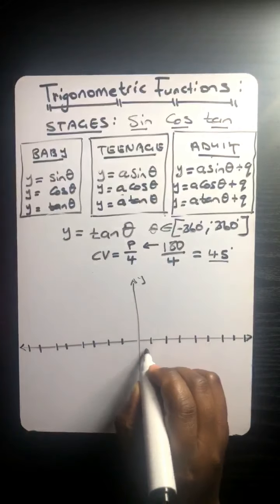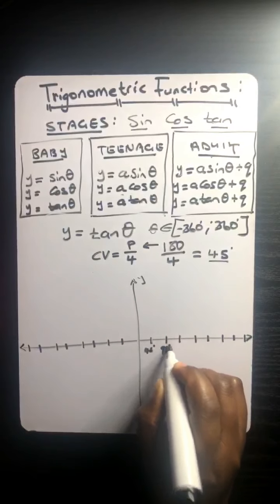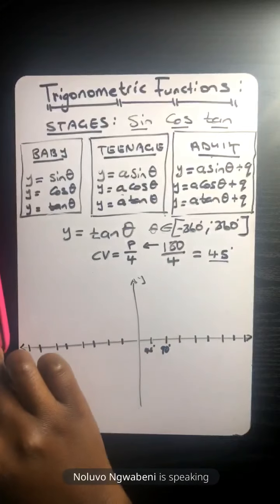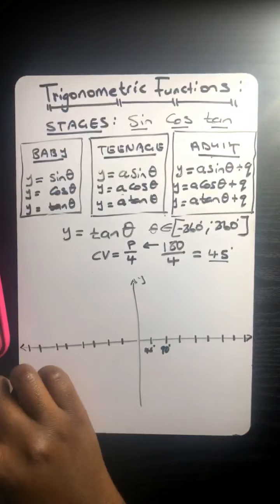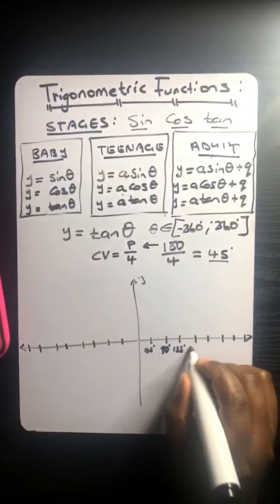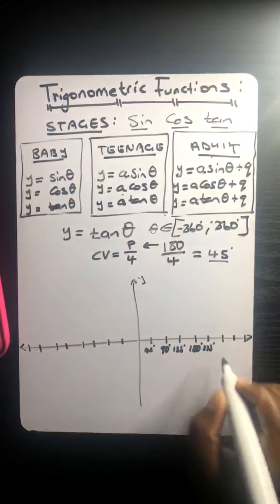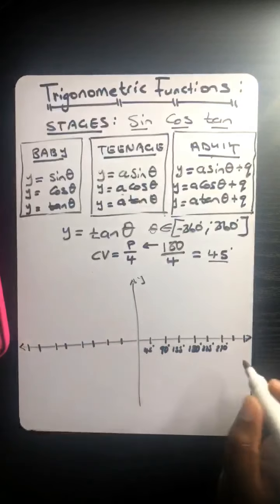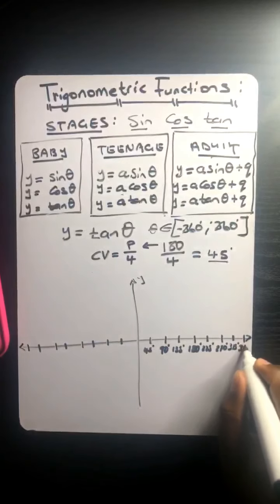So if we have 45 degrees there, this is going to be 90. What will this one be? We just add 45. So it's 45 plus 45, it's 90, plus 45 is 135, plus 45 is 180 there, plus 45 is 225 there, plus 45 is 270 there, plus 45 is 315 there, plus 45 is 360 there.